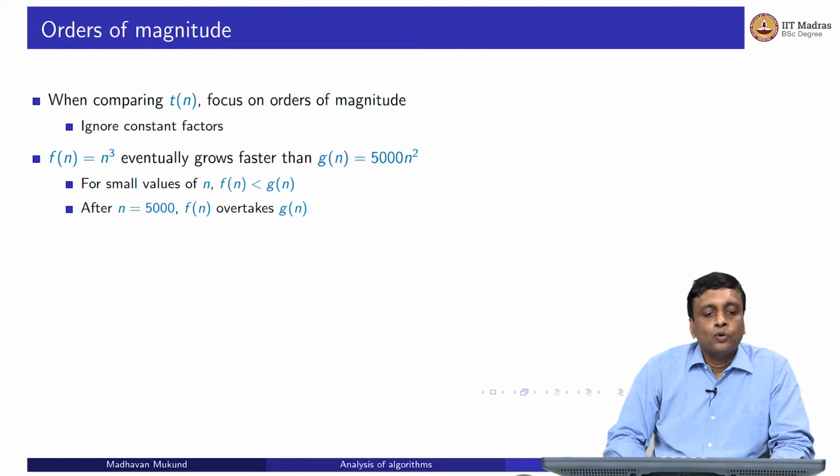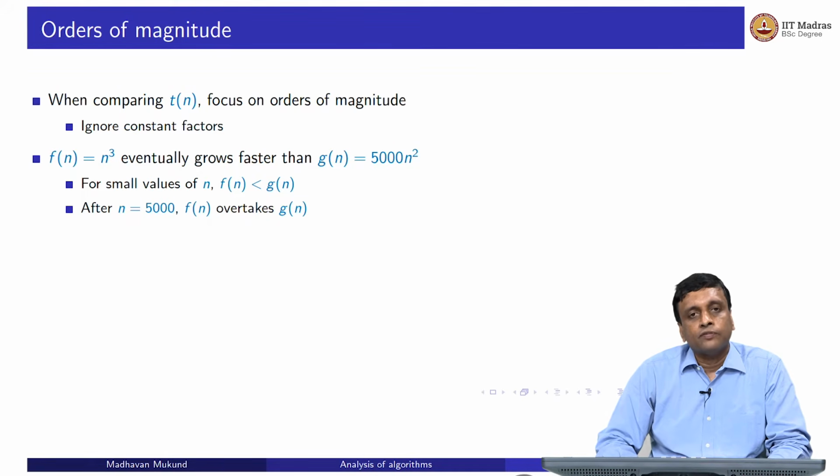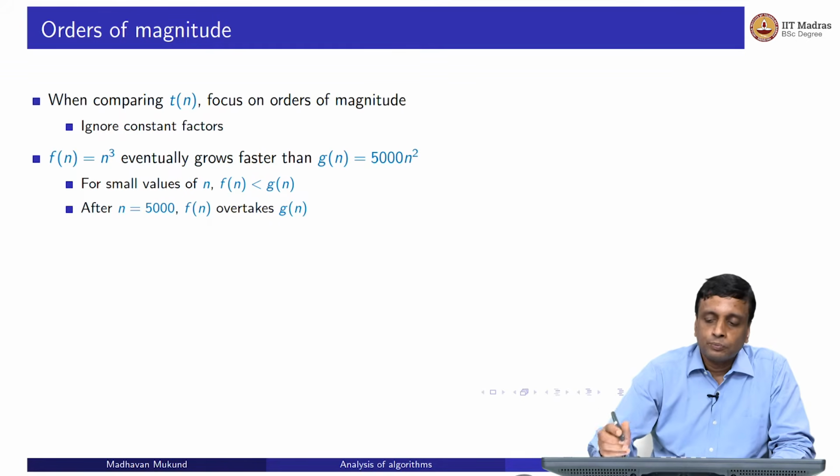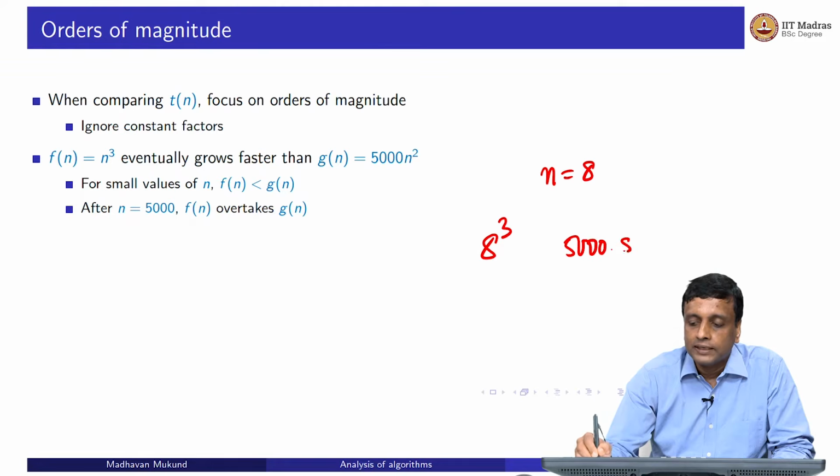So for instance, if you look at n cubed and n squared, it seems obvious that n cubed is bigger than n squared. But what if I stick a 5000 in front of n squared, then is n cubed bigger than n squared? Well, in some sense it is still bigger, because even though for small n, 5000 n squared will be more than n cubed. Supposing I take n equal to 8, for example, on one side I will get 8 cubed and here I will get 5000 times 8 squared.